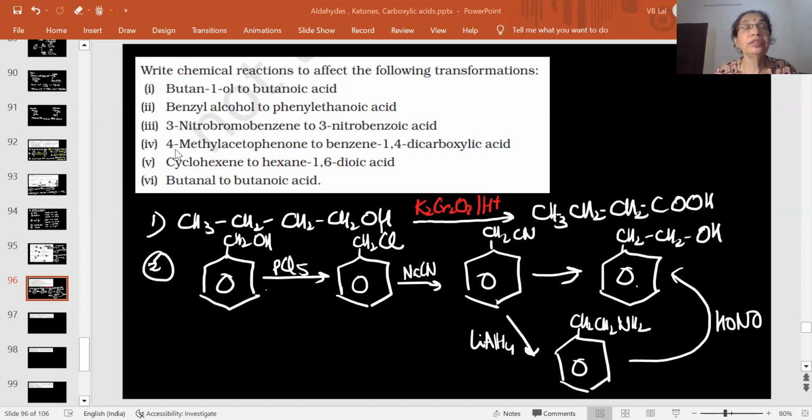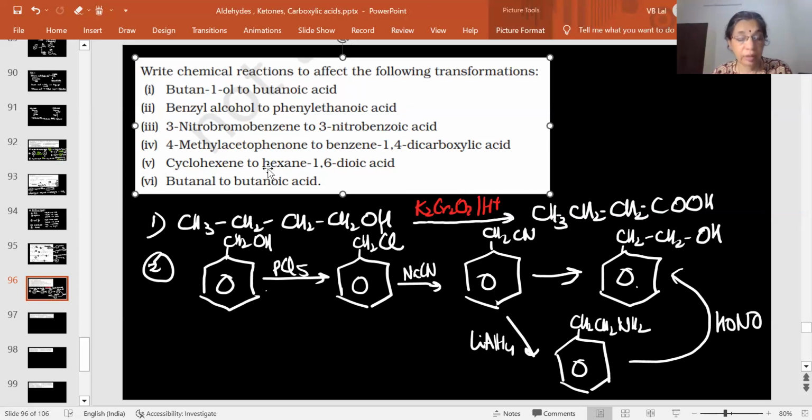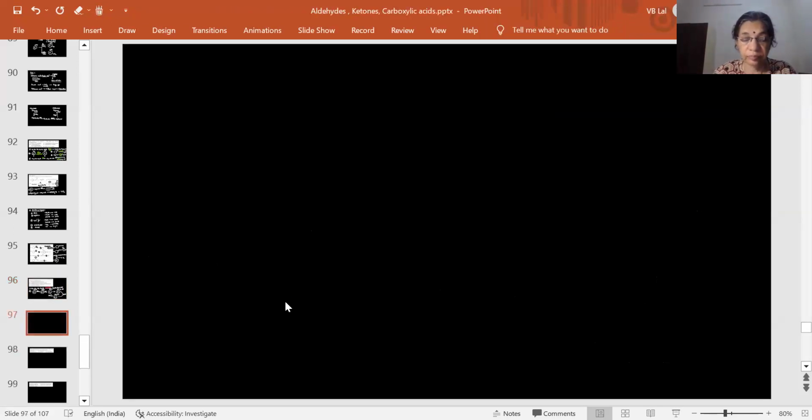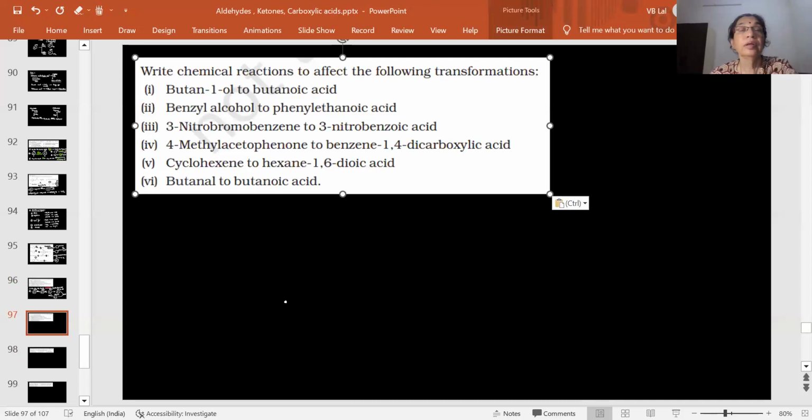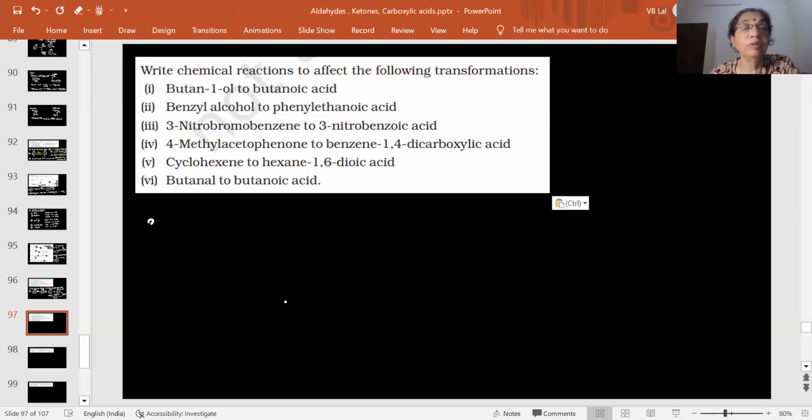Now the third one is meta-nitro, 3-nitrobromobenzene to 3-nitrobenzoic acid. Please write the structure correctly, then you will know what to draw.